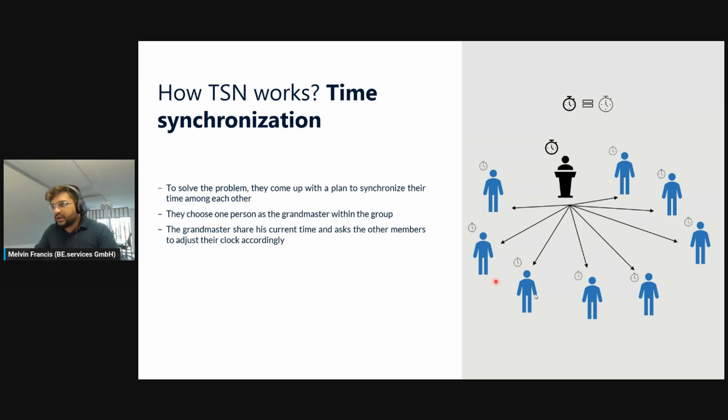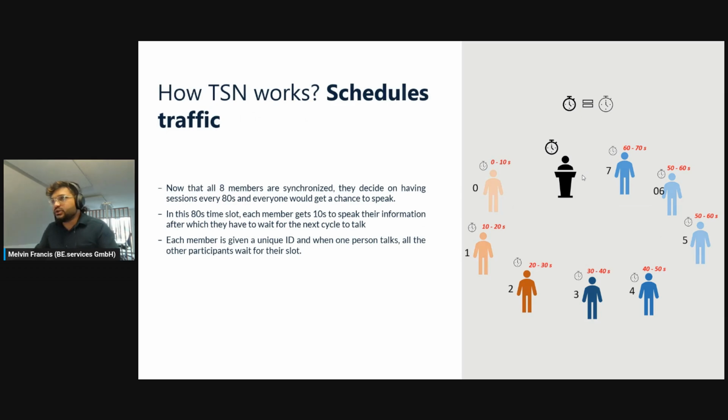Now all the 8 people in the room are within plus or minus less than 1 microsecond of accuracy. Now that this is achieved, everybody comes together and says, when person zero talks, nobody else should talk.